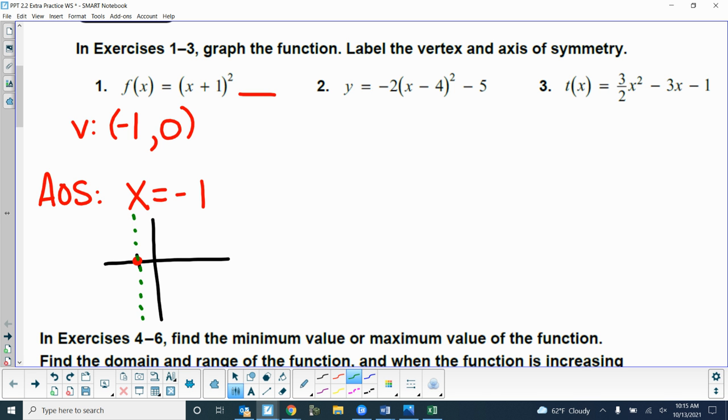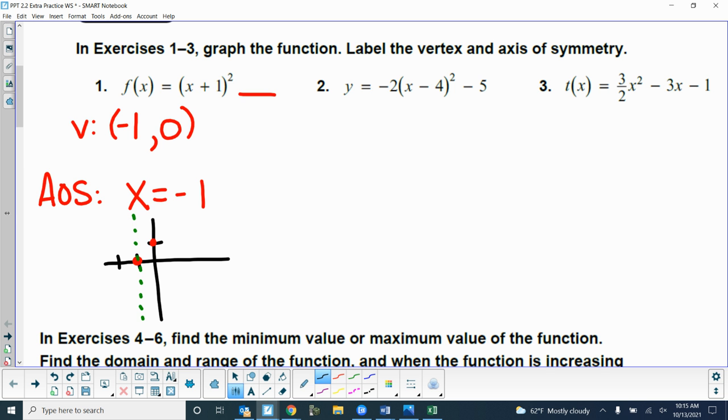So it's going to go up. I'm just going to put 0 in, going towards the y-axis, and see what I get. What's 0 plus 1? 1. What's 1 squared? 1, right? So here is another point. Where's a third point so I could make my parabola? It would be left 1 and up 1.